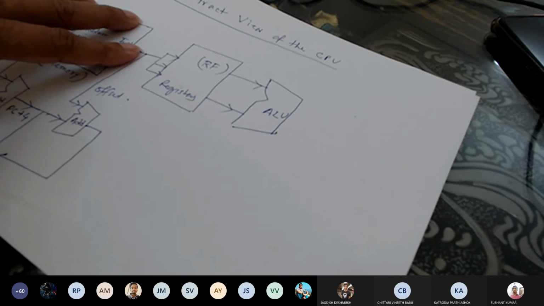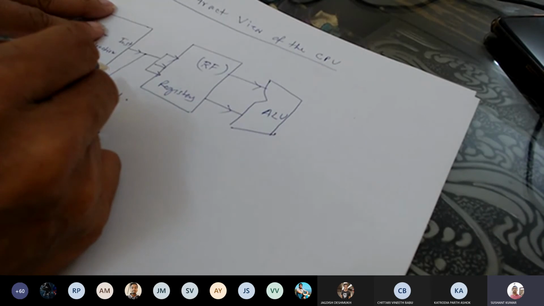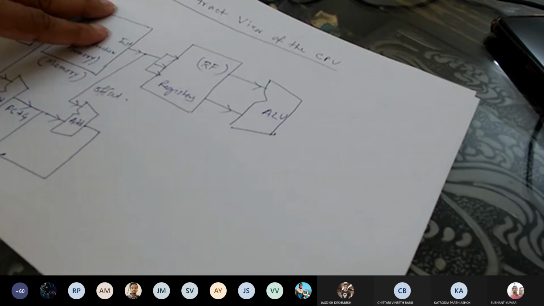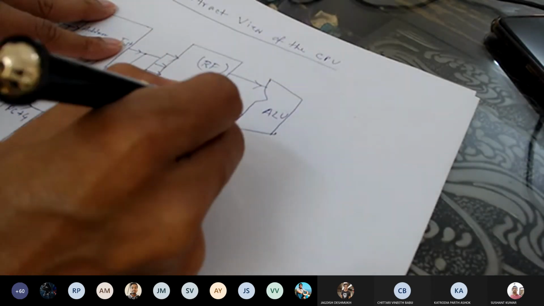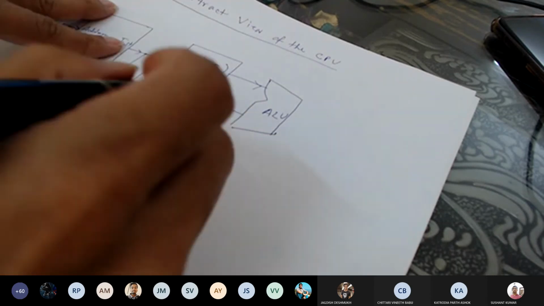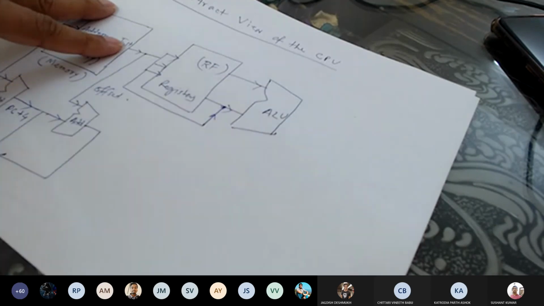We have simple add where two registers are added, and one register value and one immediate value. Yes, ma'am. So where do you get the immediate value? From the instruction itself, we get the immediate value. Right. So it means you will get a value directly from the instruction and it goes here also. So sometimes two register values will come, sometimes one register value and one direct value will go to the arithmetic logic unit.